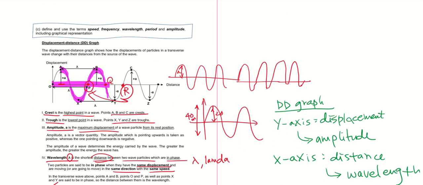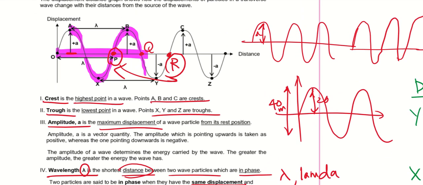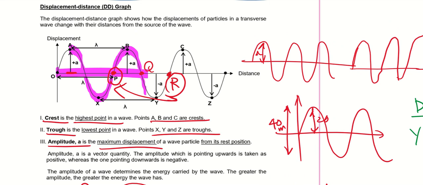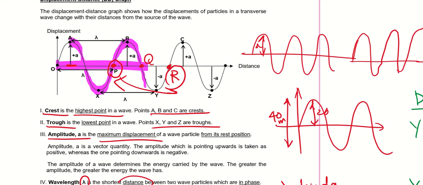Now I also talked about the DD graph, displacement distance graph, in my previous video, so I'll just quickly do a recap. Displacement distance, as the name suggests, DD graph, not your PDD.